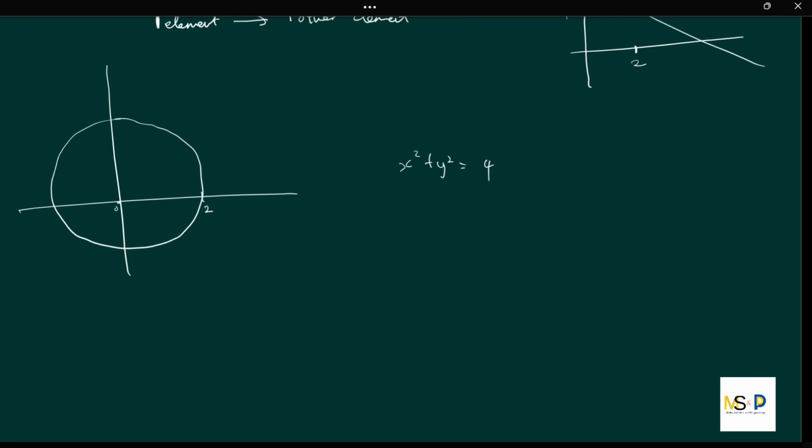If we are taking x as the domain, and you take one vertical line, let me say x is equal to 1, realize that it maps one x element, which is the 1, to 2 y elements.